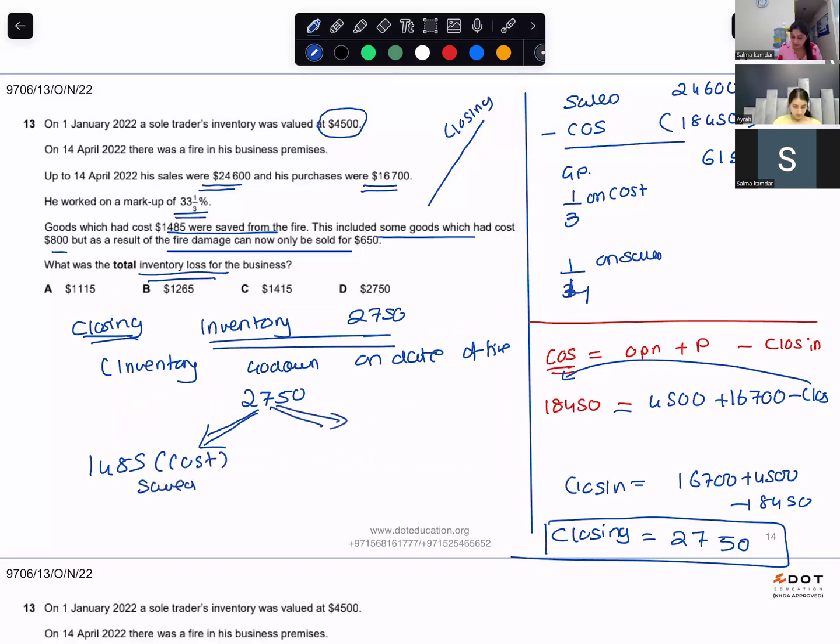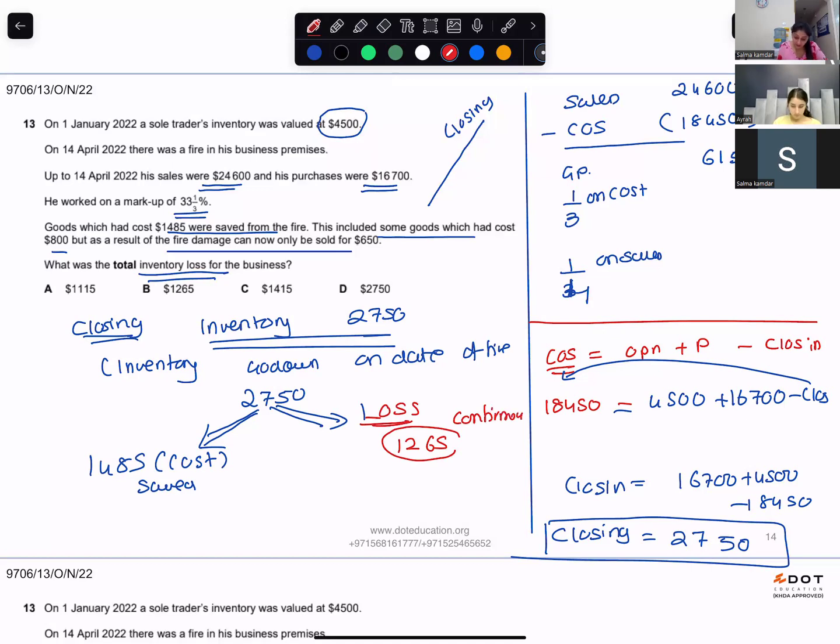That means one loss is confirmed to me. How much? 2750 minus 1485, so 1265. This loss is confirmed for me.